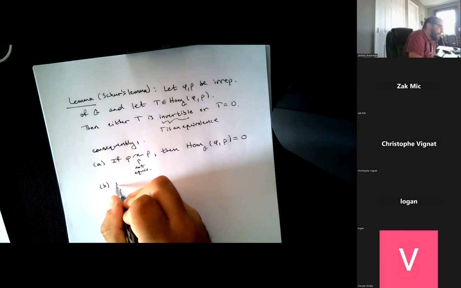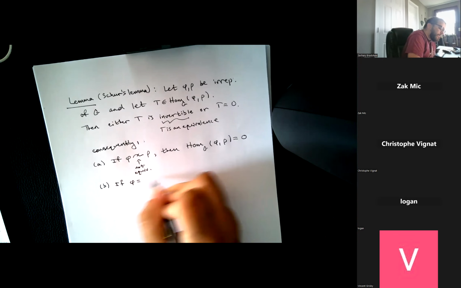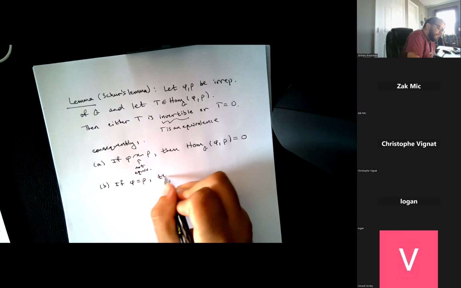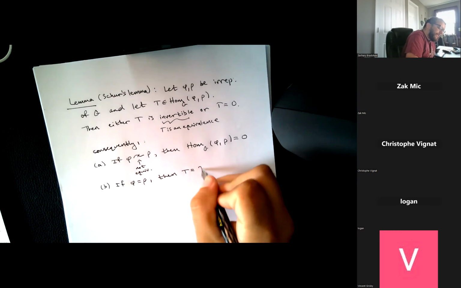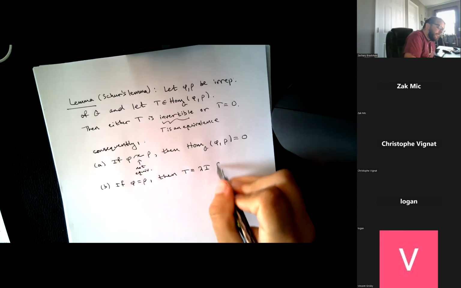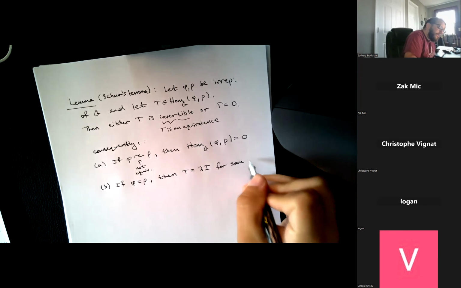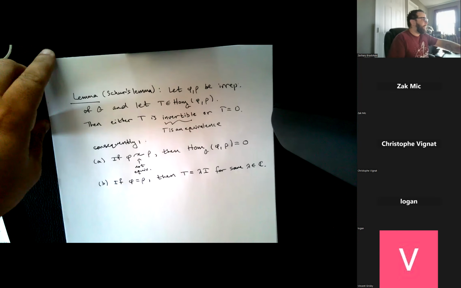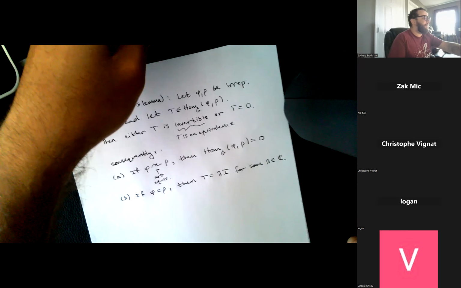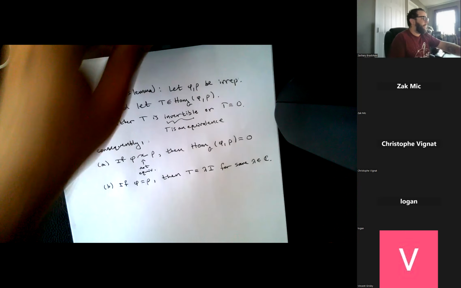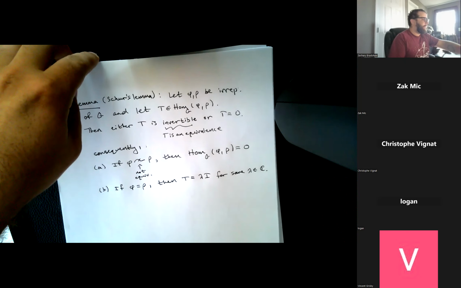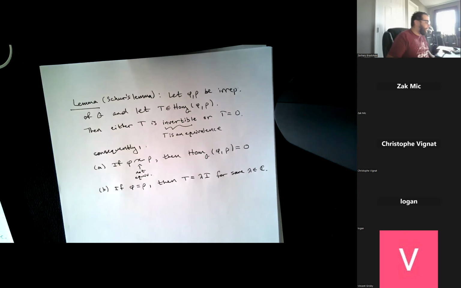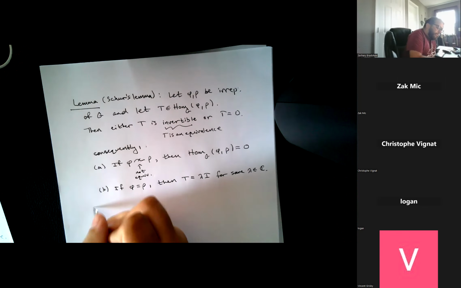And the second consequence is that if phi is equal to rho, then T is equal to lambda I for some constant lambda, where I is the identity map. Again, this is an extremely important lemma. It comes up in several cases to prove lots of important results, so it's worth proving.